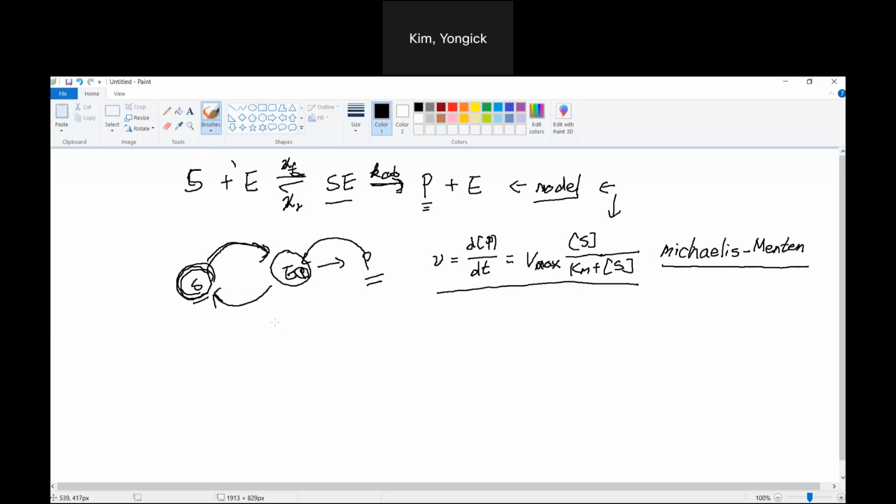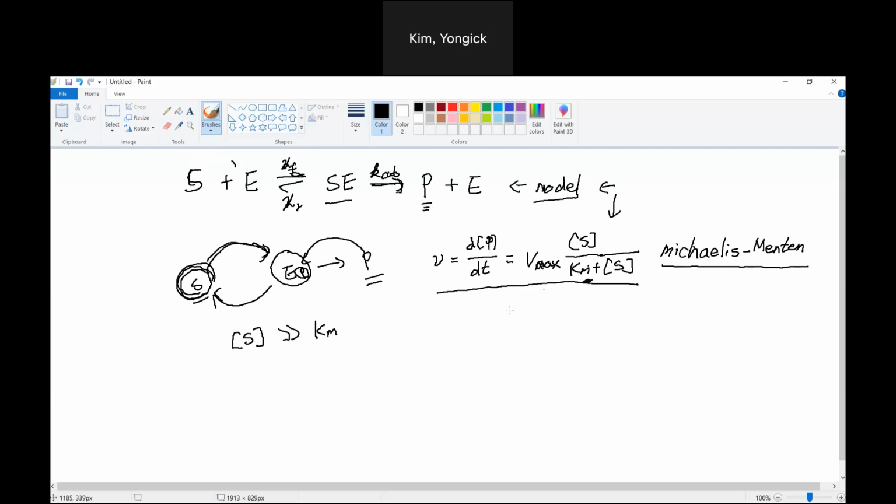If we have a lot of substrate, a concentration much bigger than the Km, then the Km is nothing in here.